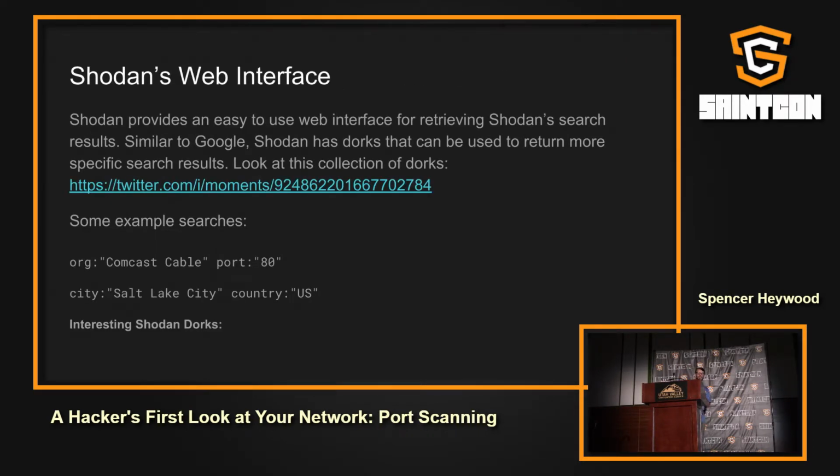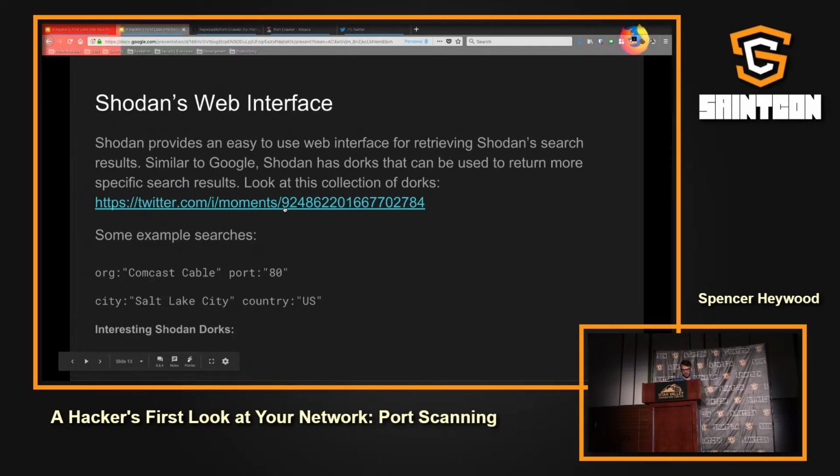First we'll go into Shodan's web interface. Shodan provides an easy-to-use web interface for retrieving Shodan search results. Similar to Google, Shodan has dorks that can be used to return more specific search results. If you find this slide, I'll show you what it looks like.